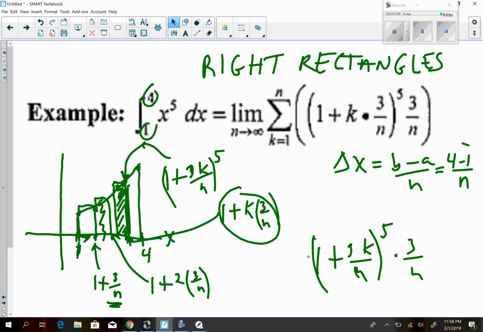We put a sigma here, meaning we're going to add them all up from k equals 1, that's referring to this first rectangle, all the way up to n, where n is how many rectangles there are. And if we make the number of rectangles infinity, if we make them all so skinny that you can fit infinitely many of them, we would need the limit of that sum as n approaches infinity, which is exactly what's here.